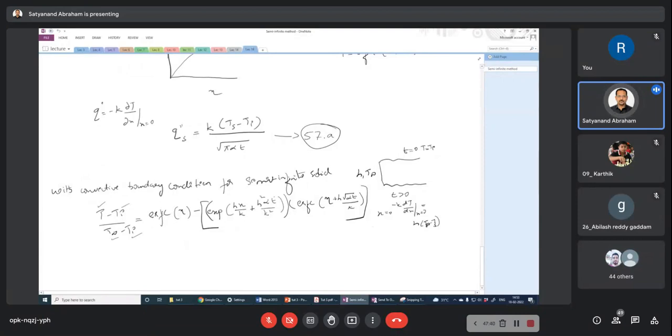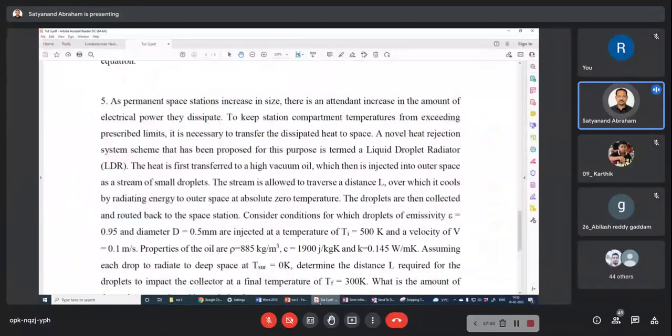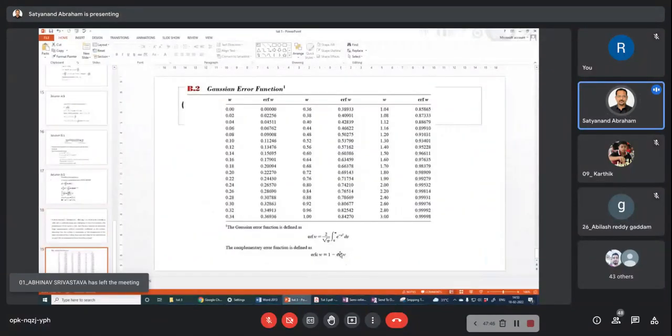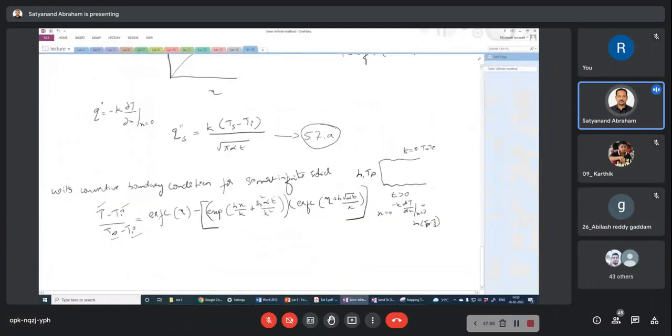Here the complementary error function is given, which is 1 minus the error function. All the other values are known: h will be given, x is given, k is given, and alpha we can calculate. So from here also you should be able to find the x value or the t value.